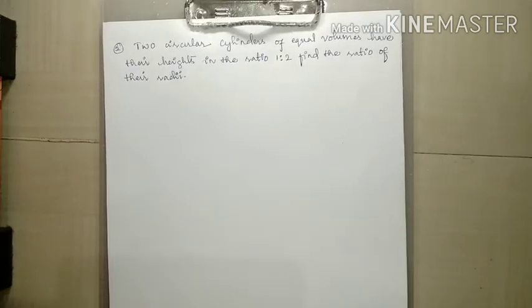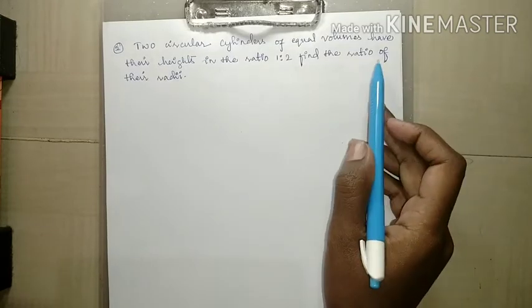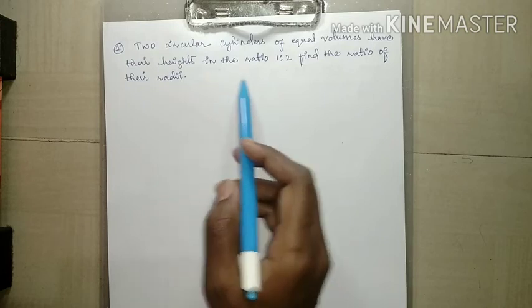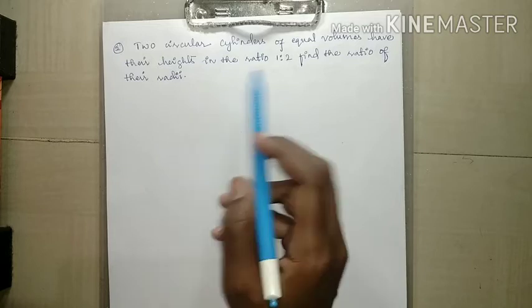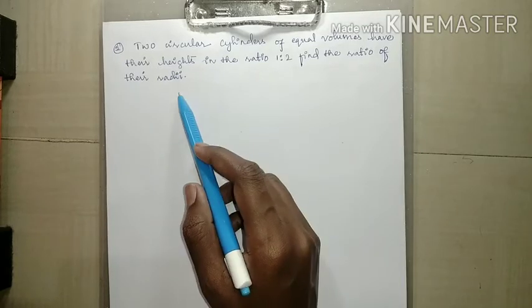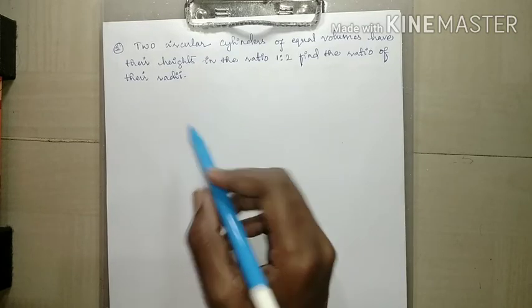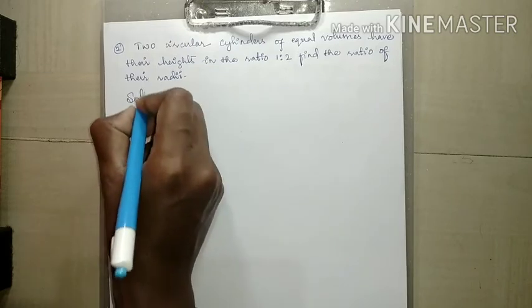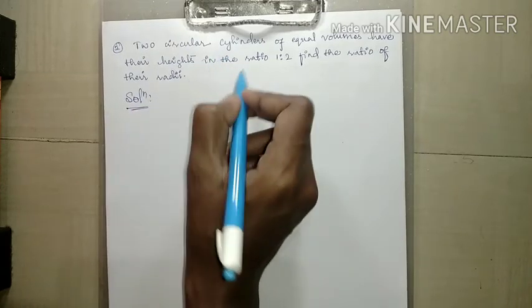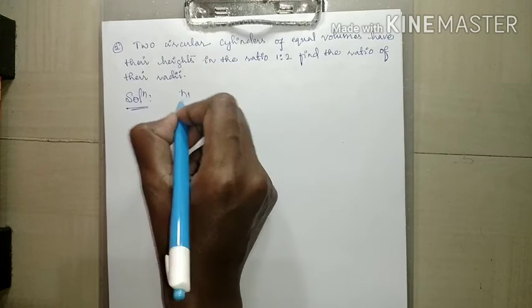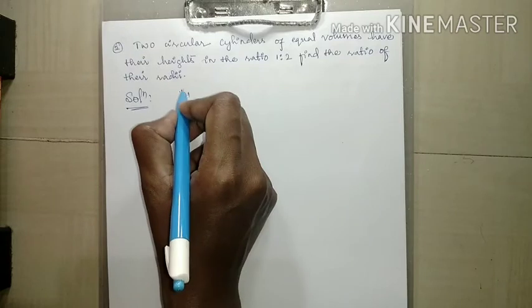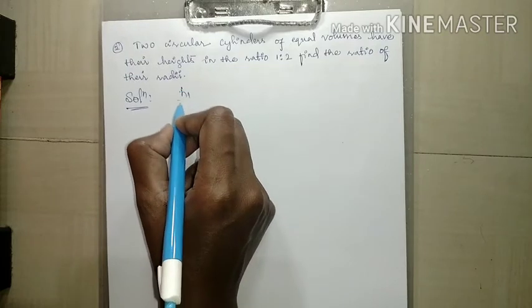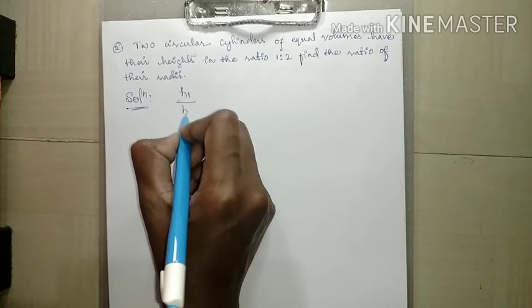Here we have example number 2. Two circular cylinders of equal volumes have their heights in the ratio 1:2. Find the ratio of their radii. So heights are given and their radii ratio you have to find out. Let me take the heights as h1 and h2, that is h1 by h2.